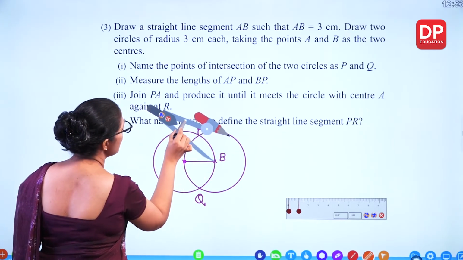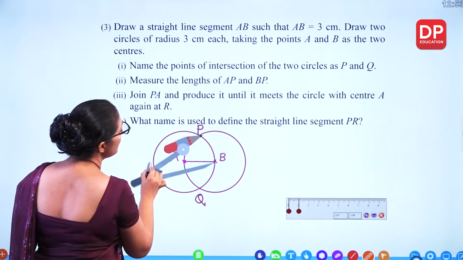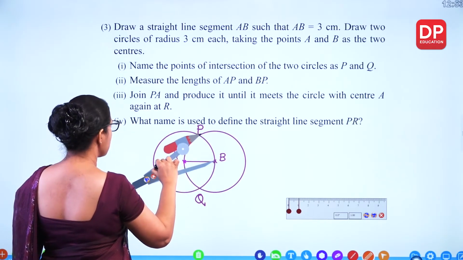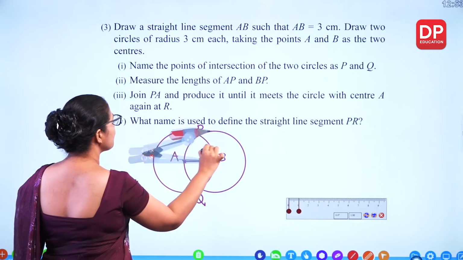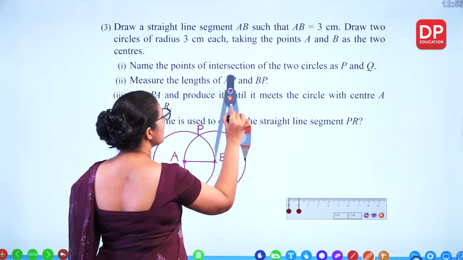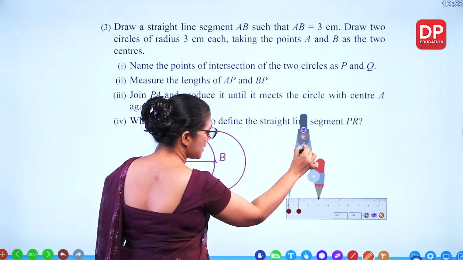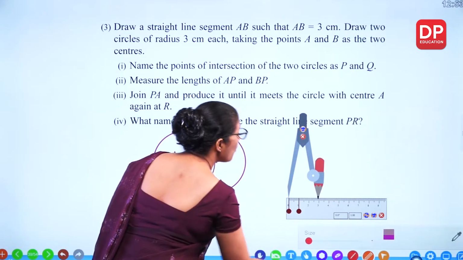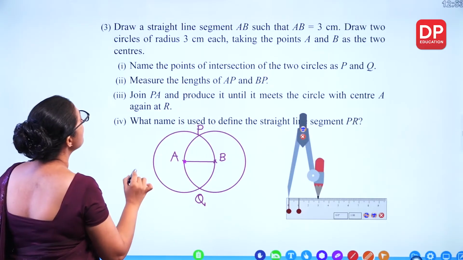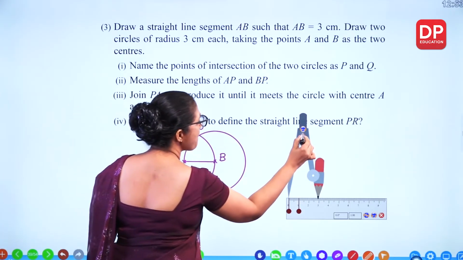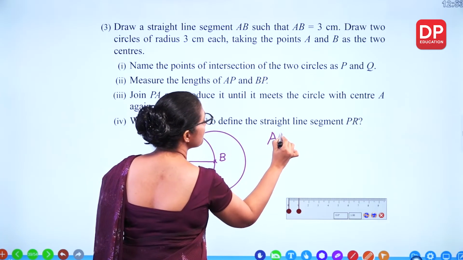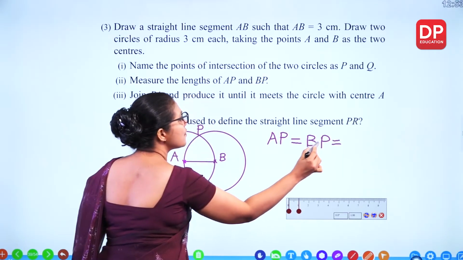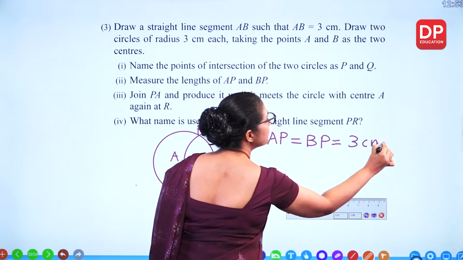We'll check it whether it's the same thing. Here, you get the same distance. So what's the distance? Now you can check it. It's the distance, 3 centimeters. So AP, BP both 3 centimeters.